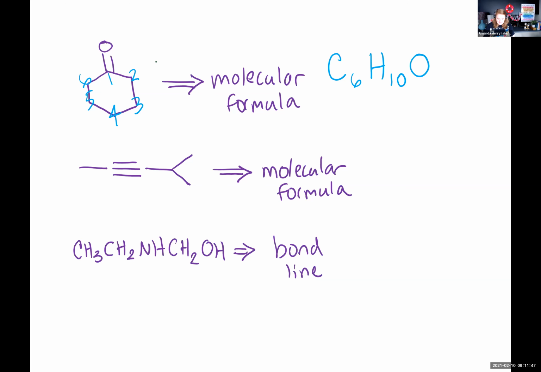And if we look at what they're bonded to, each one is bonded to 2 other carbons, which means it needs to have 2 other bonds. So those are each CH2 groups. Questions about that first one?